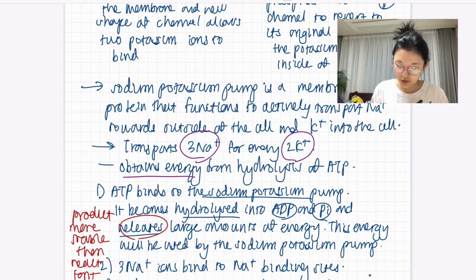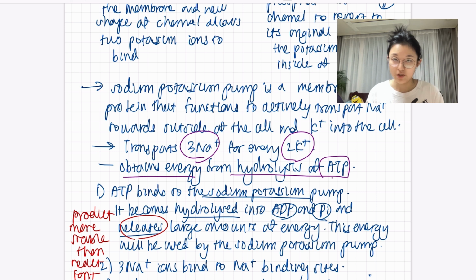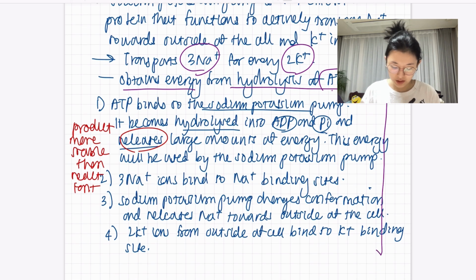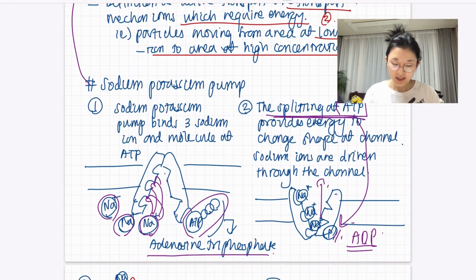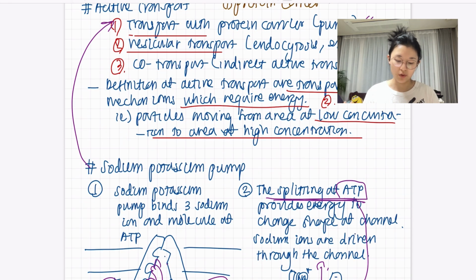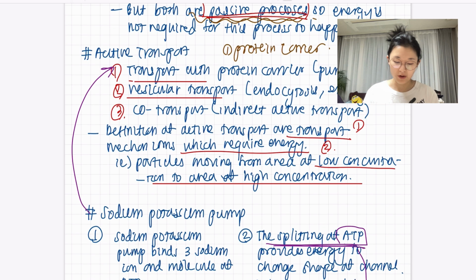We obtain energy from the hydrolysis of ATP into 1 inorganic phosphate ion and adenosine diphosphate, also known as ADP. This is just a written outline of what I explained earlier. To sum up, in today's video we've explored the sodium-potassium pump, which is a case of active transport with protein carriers or pumps.